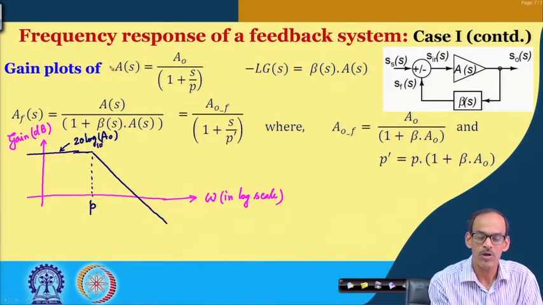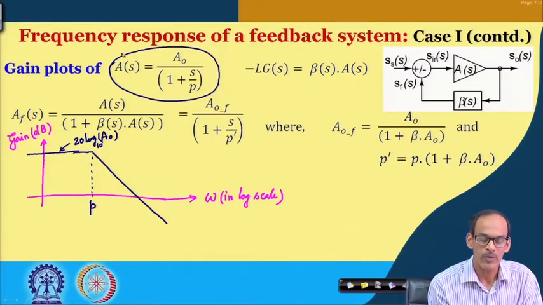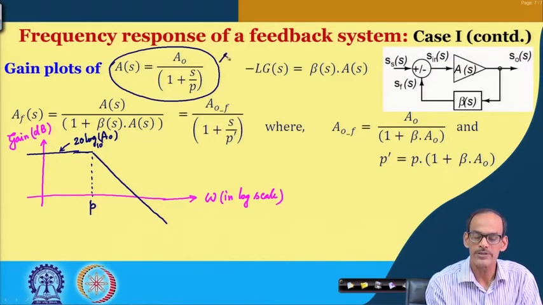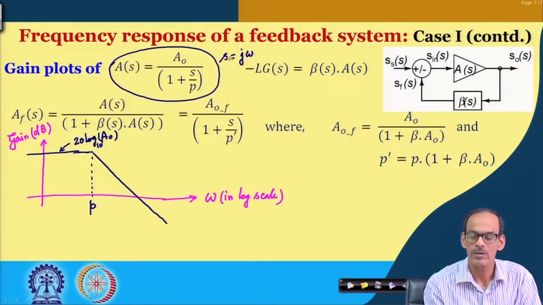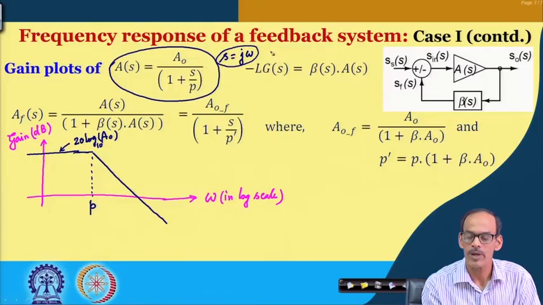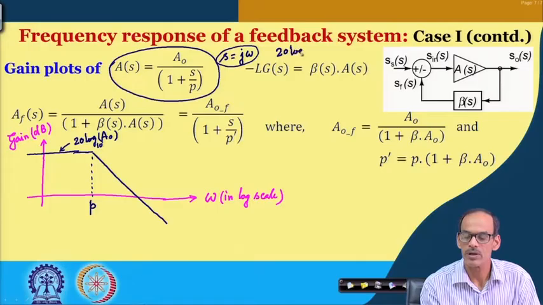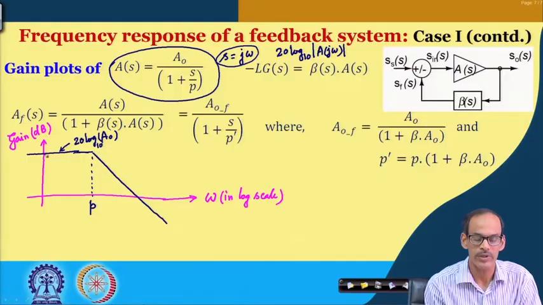This is the gain plot of A, where of course we are replacing s by j omega, taking the magnitude of A, and then 20 log base 10 of that for different values of omega. So, this is what we are plotting here.